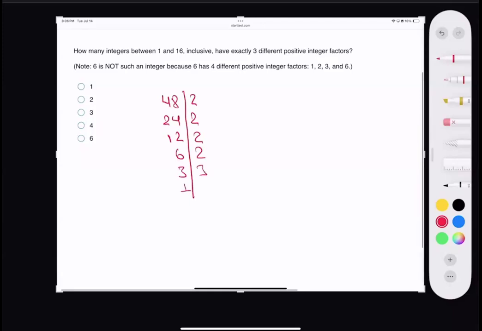So 48 is 2 to the power 4 times 3 to the power 1. You get the powers, you add 1, and you multiply. It has 10 positive divisors.